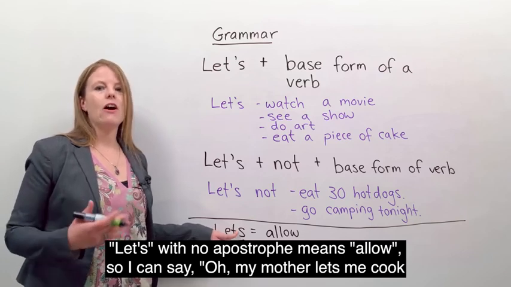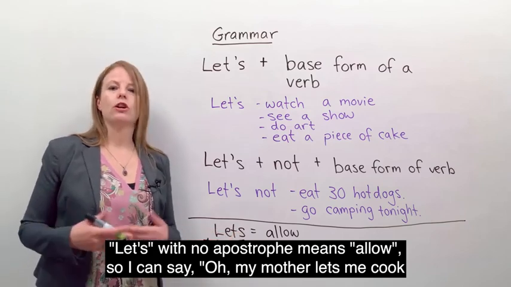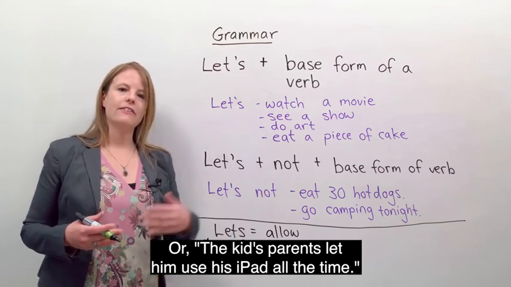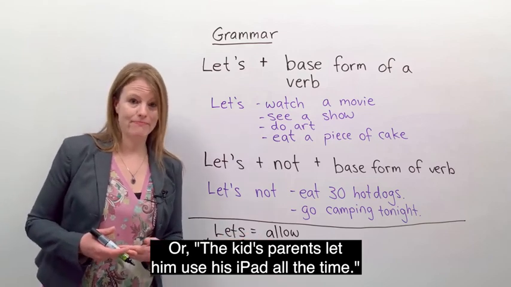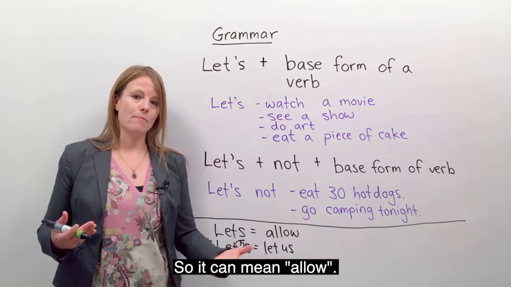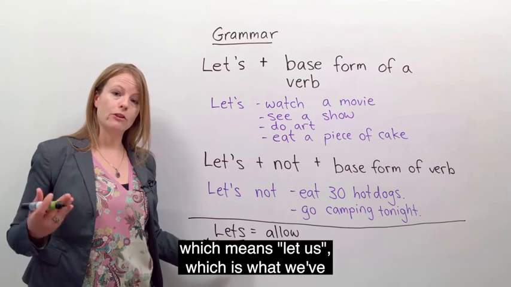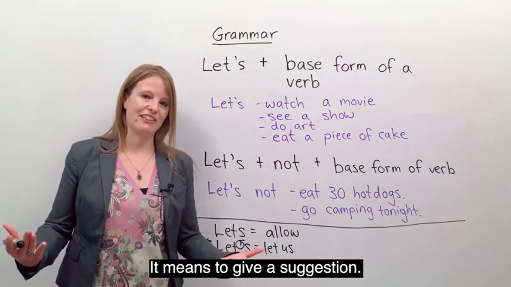So I can say, oh, my mother lets me cook turkey at Thanksgiving. Or the kid's parents let him use his iPad all the time. So it can mean allow. This is different than let's with an apostrophe, which means let us, which is what we've just talked about. It means to give a suggestion.